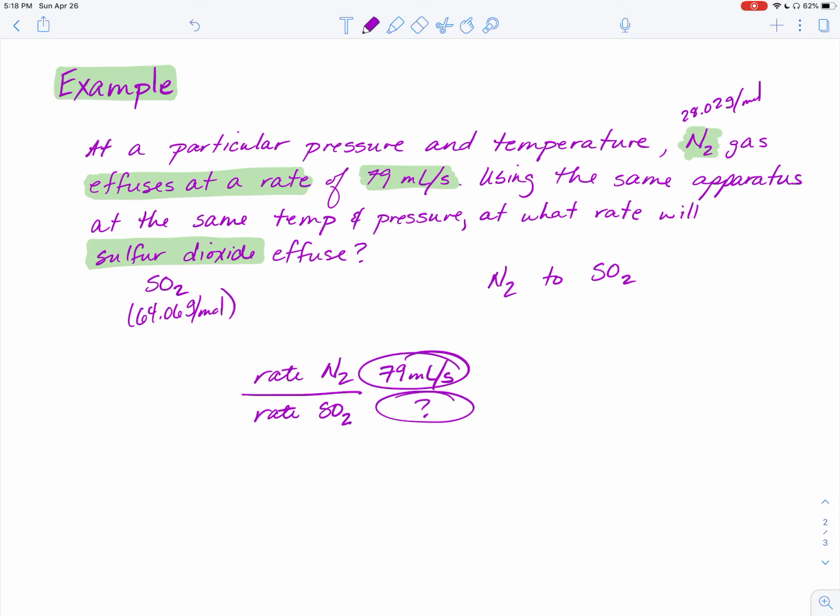In order to figure out this value, we don't have anything other than the formulas and their molar masses. So this could be set equal to the square root of the SO2 molar mass divided by the square root of N2's molar mass. If we put these in the equation, then we can solve for it.